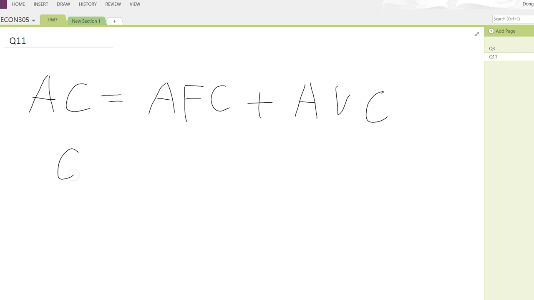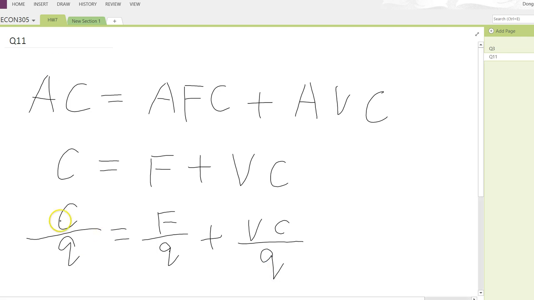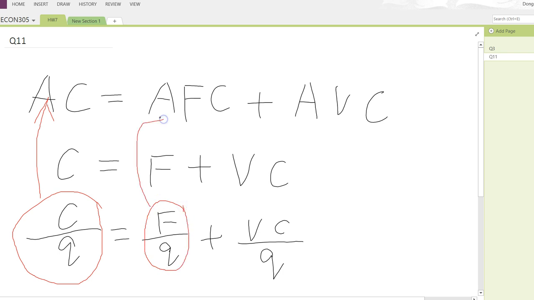It's simply because total cost is equal to the fixed cost plus variable cost, and if you divide both sides by Q, this equation still holds, plus VC divided by Q. But now this part is simply AC, and this part F divided by Q, that's simply AFC, and VC divided by Q, that's simply AVC. Alright, so that's how we can derive that.